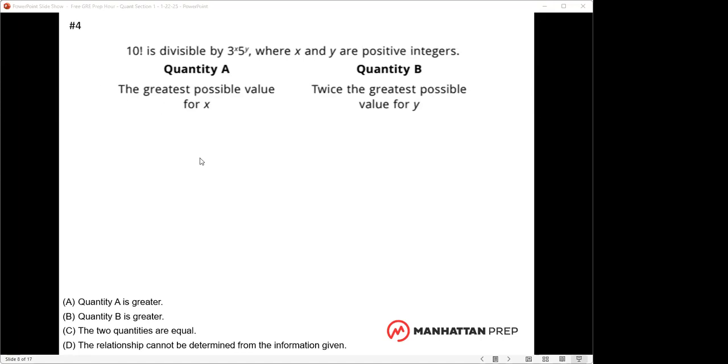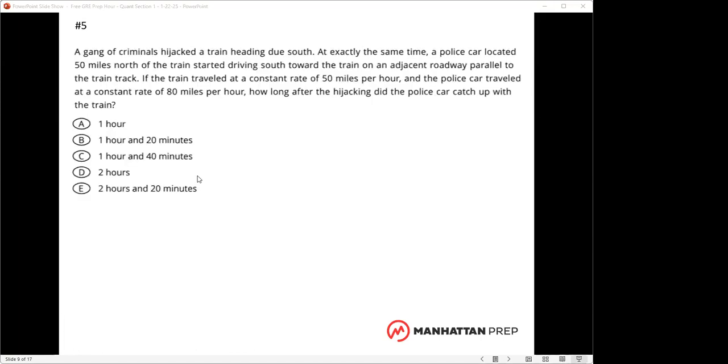From now on, we'll be doing discrete quant. So every problem after this will be 2 minutes. Starting with this one, we'll have 2 minutes per question.